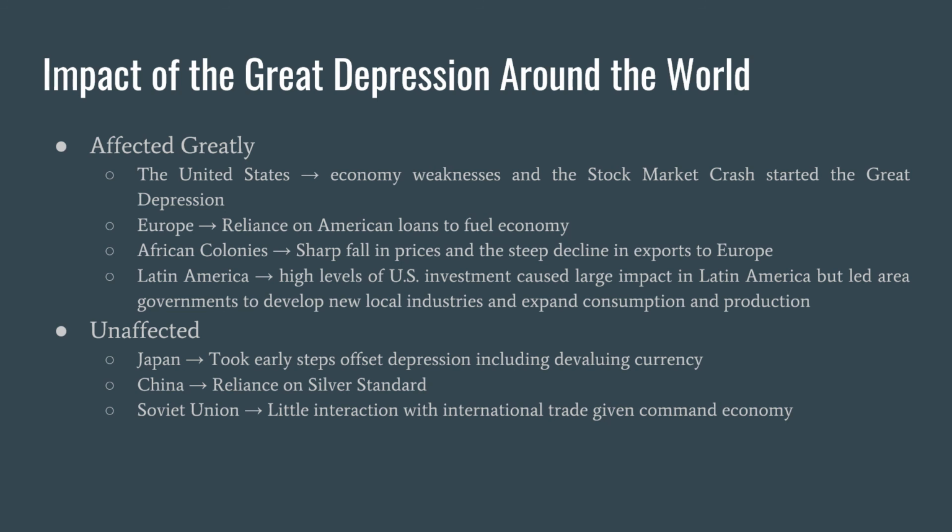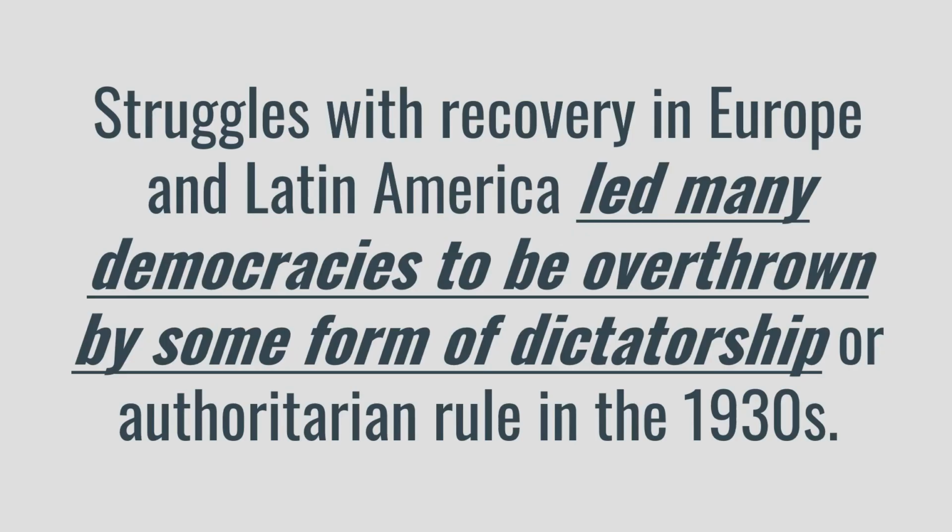And then finally, the Soviet Union. As a command economy or a planned economy, there's little interaction with international trade at this point. So the Soviet Union is not terribly affected because they are not interacting economically with the rest of the world.